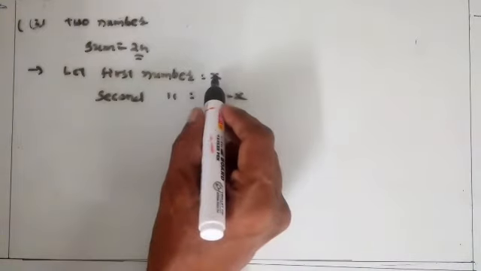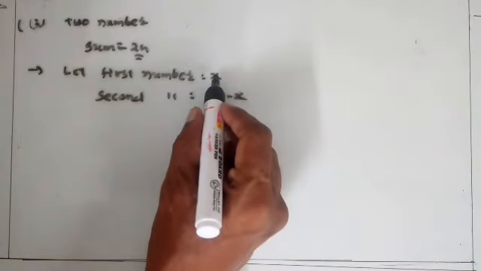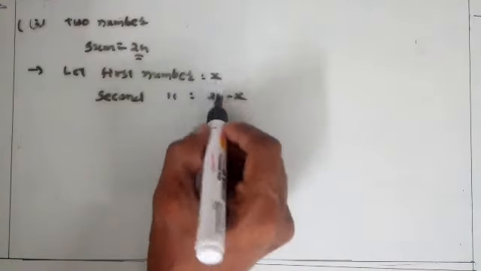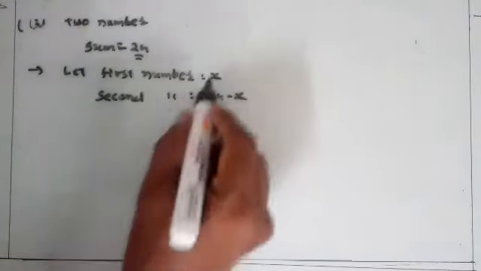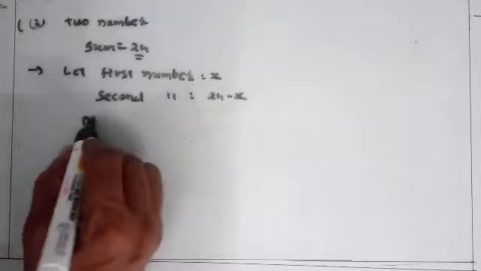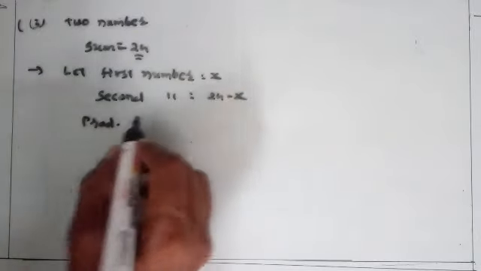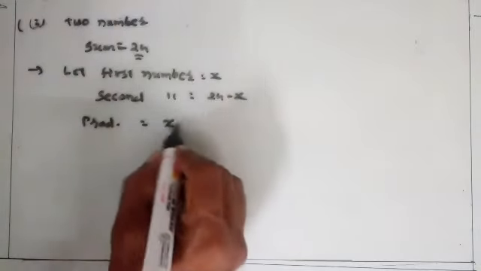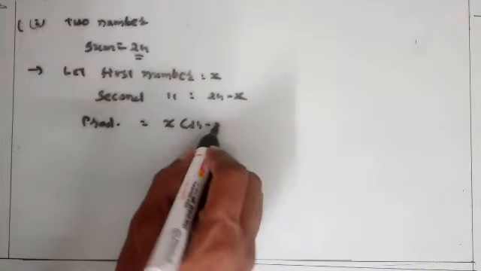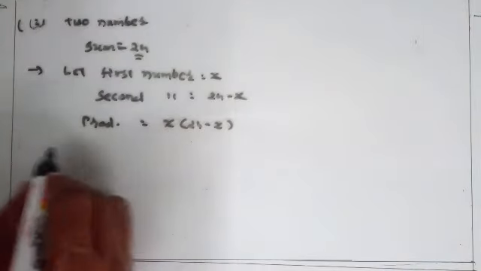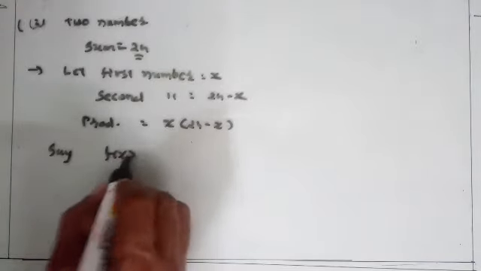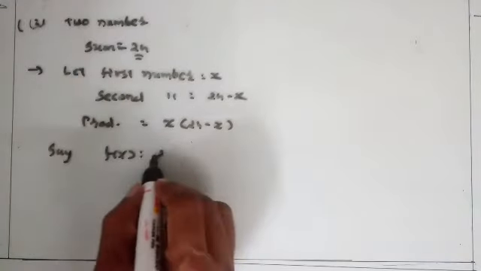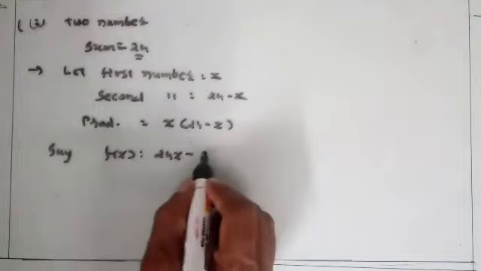Now here we want to get x in such a way that the product of these two becomes larger. So make a product of these two. Product is equal to x into 24 minus x. Say this is a function, say f(x) is equal to x(24 minus x).